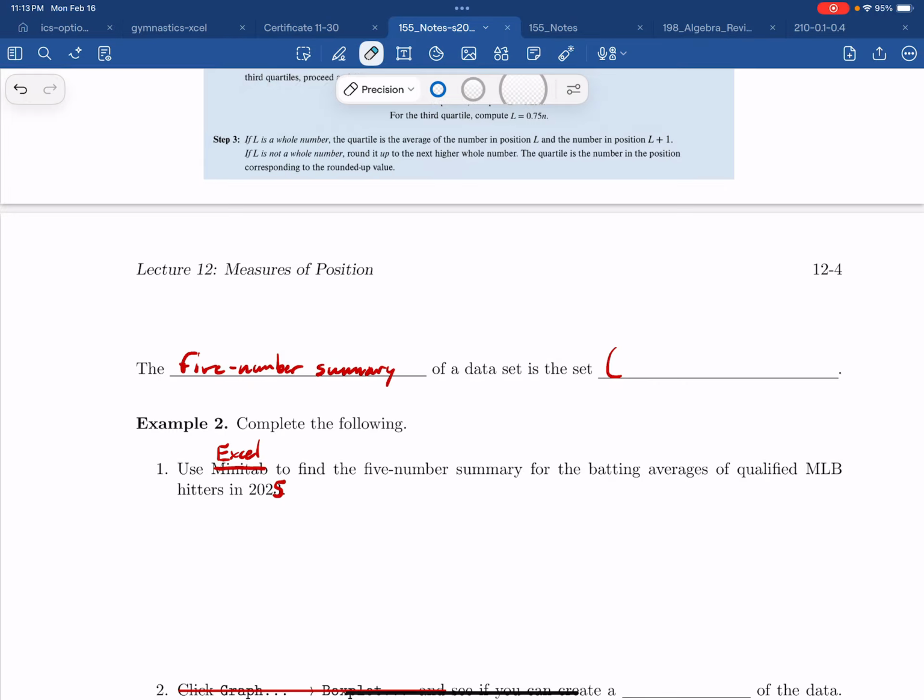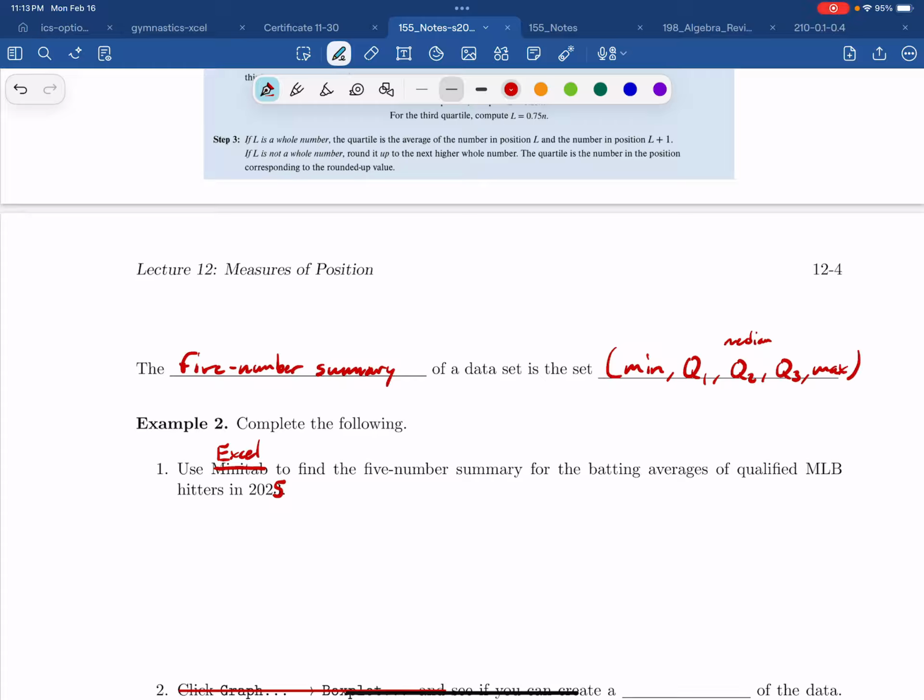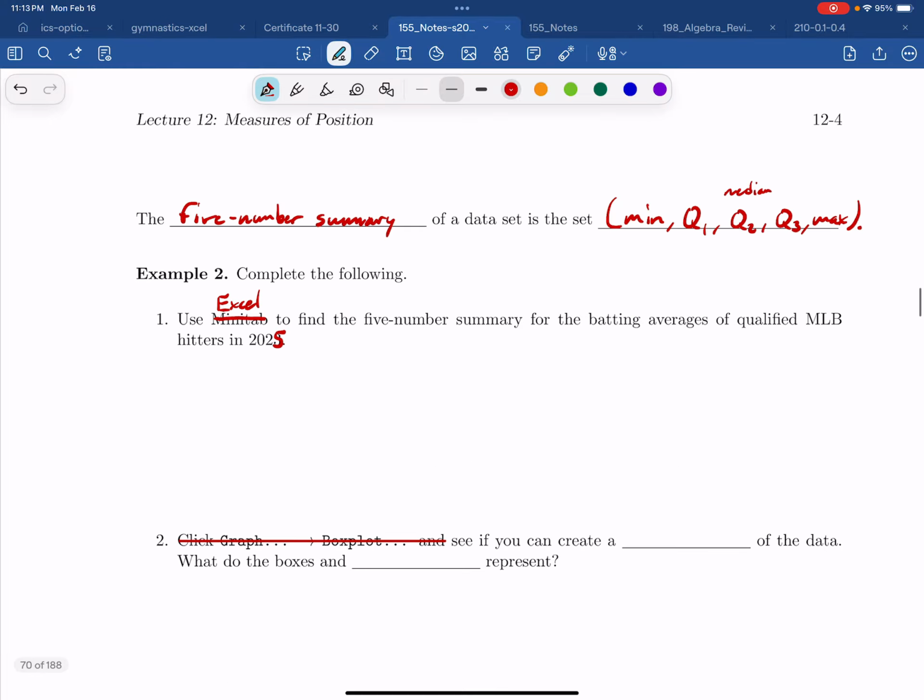I guess I'm not going to call it Q0. No one calls it that. They call it the min, Q1, Q2, which is the median, Q3, and the max. Okay? That's what the 5 number summary is. So if I ever ask for the 5 number summary, it's just those 5 numbers in order.